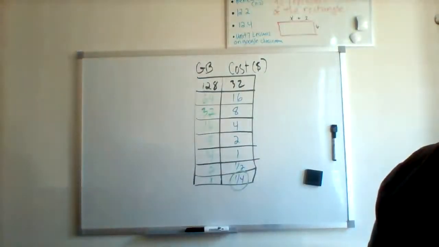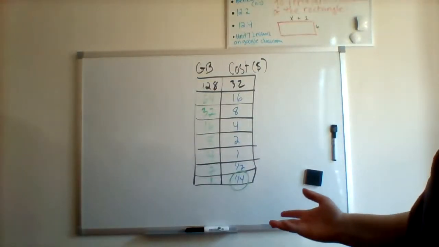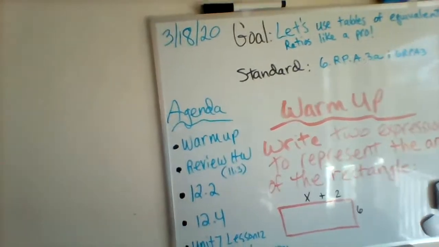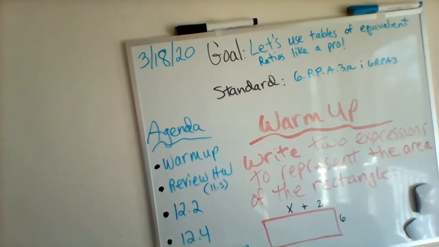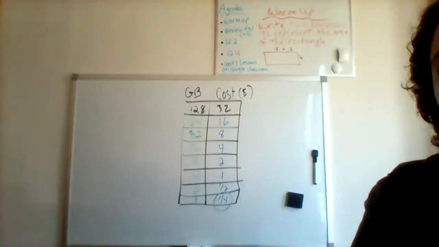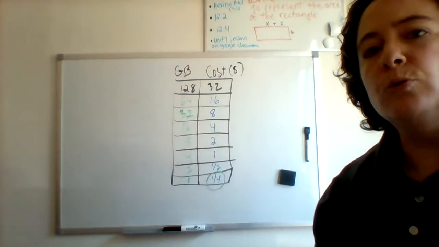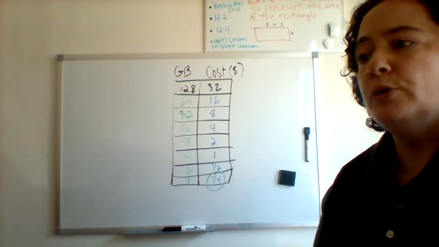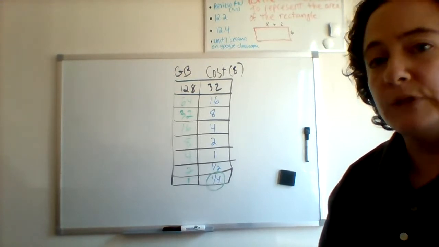Okay, cool. All right, so we actually accomplished our goal. We did our warm-up. We were supposed to go over our homework. We were supposed to do 12.2 and 12.4. Now you guys have what you need in order to get done on Google Classroom. It's been posted for quite a while. Unit 2, Lesson 12, the classwork.